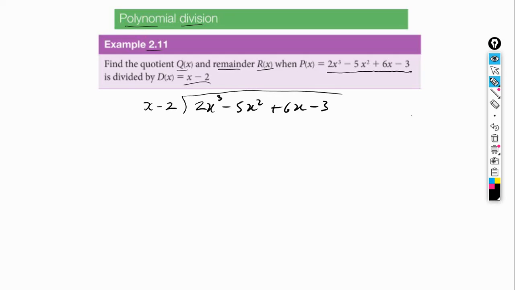So how do we do this? The algorithm for dividing polynomials is very similar to dividing numbers. For example, if we divide 17 by 3, we say 3 times 5 is 15. We subtract, we get 2. This is what we call the remainder.